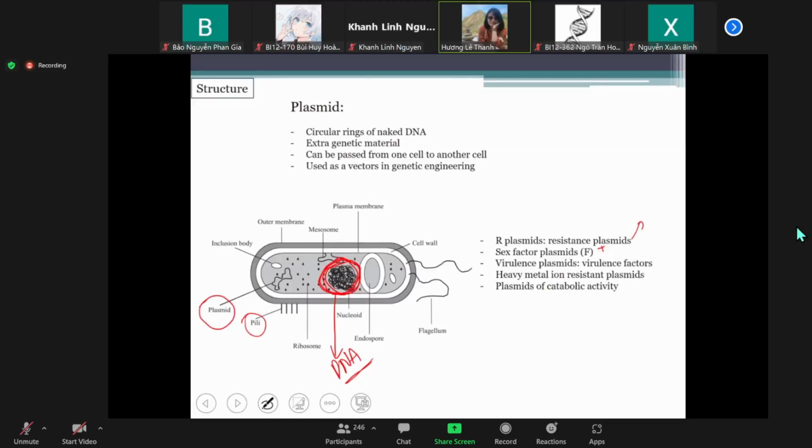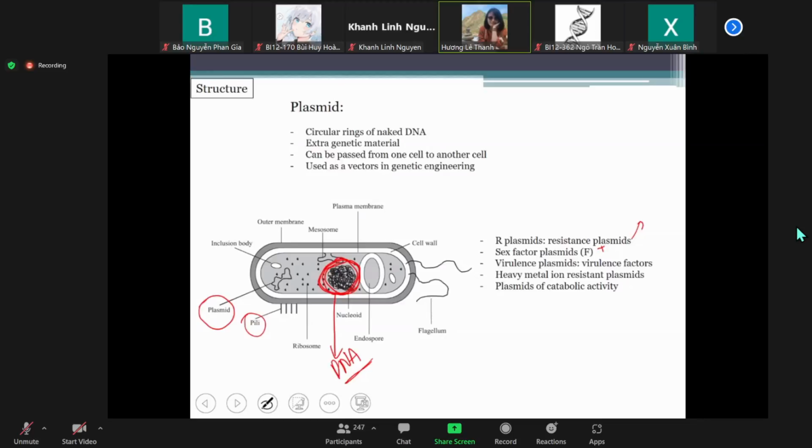F plus cells are the donor cells. And we have another type, the virulence plasmid. Virulence plasmids are responsible for the production of virulence factors such as adhesive factors, toxins, etc.